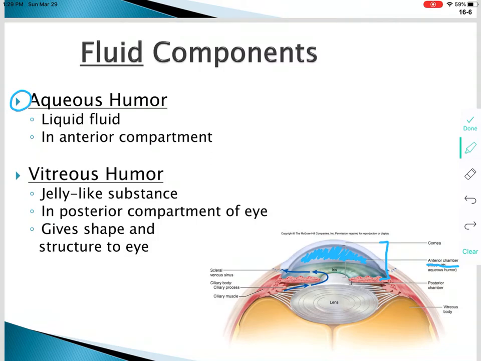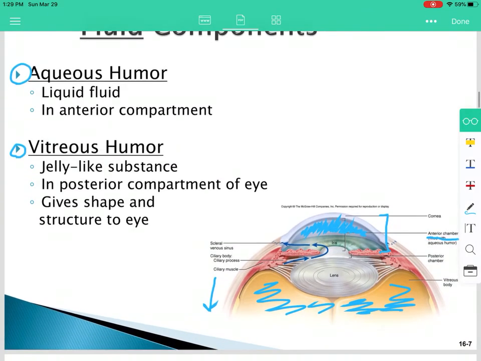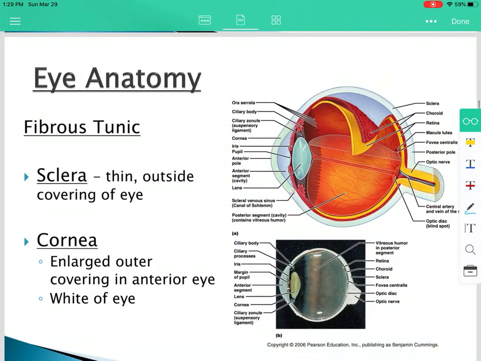On the other hand, in the posterior chamber of the eye, which is really everything here, this yellow, more gelatinous material is called vitreous humor. So in the more posterior regions of the eye, we have a more gelatinous fluid called vitreous humor. And the job of the vitreous humor is gelatinous to help keep the shape of the eyeball. Give shape and structure, keep the shape of the eyeball.